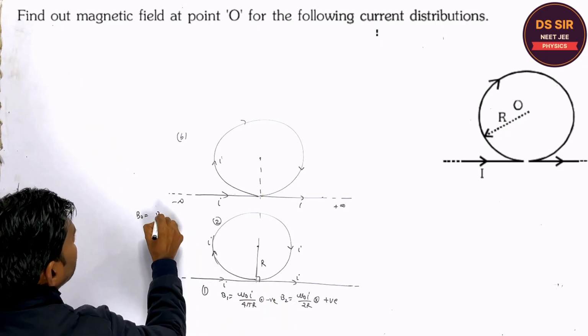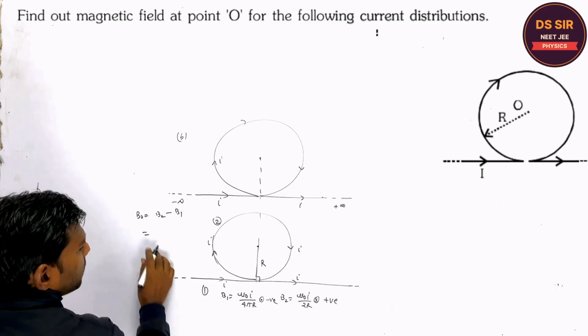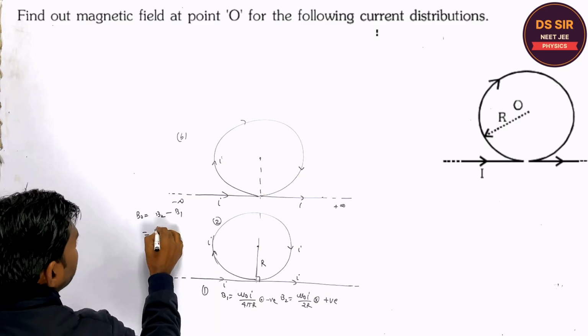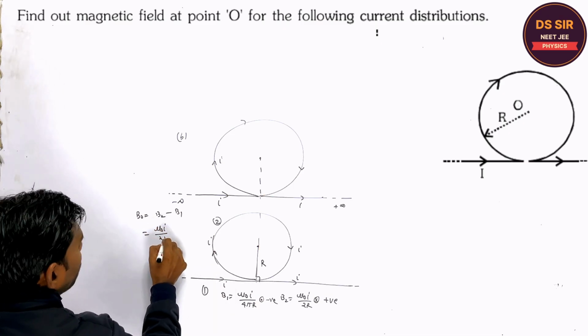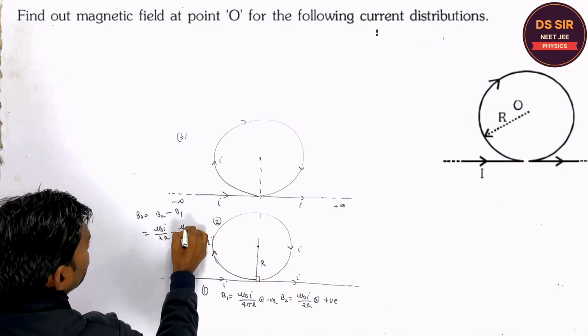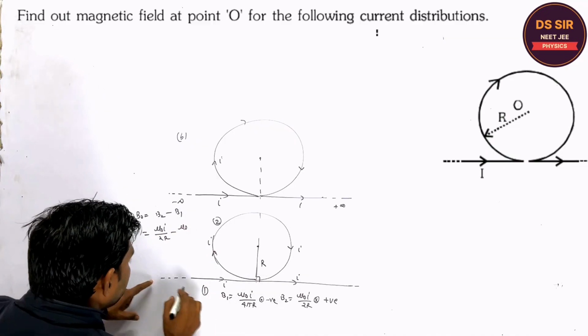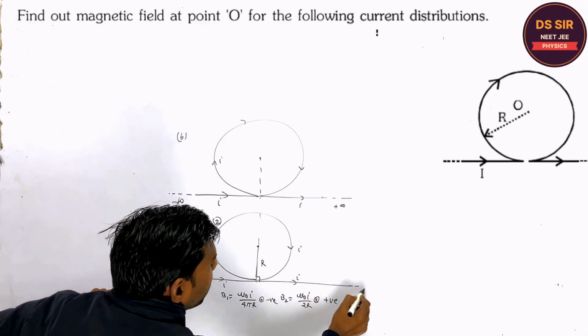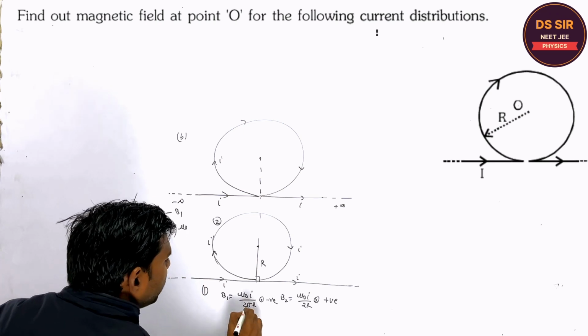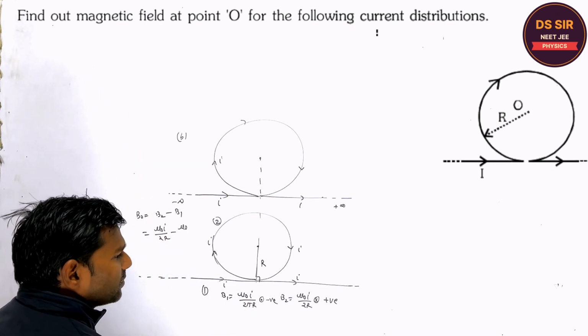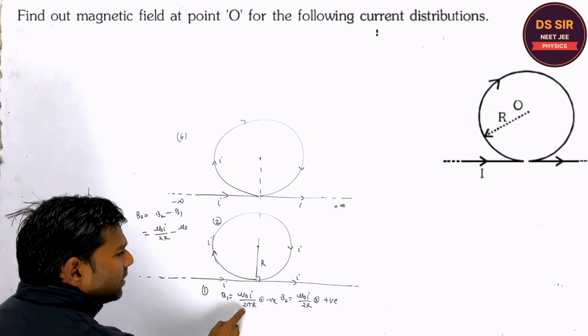B2 minus B1 is equal to mu naught I upon 2R minus mu naught, wait for one minute. This is the infinite wire. So what is the magnetic field due to an infinite wire?